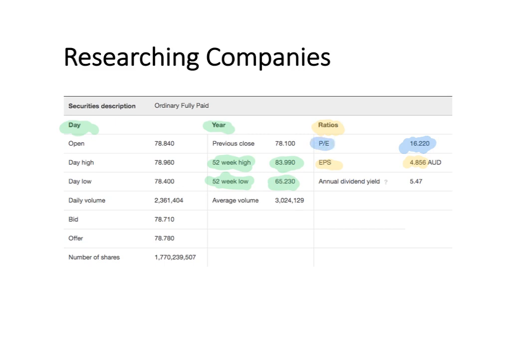So that effectively means it would take 16 years to earn the value of that share if the company earned $4.85 every year. So in 16 years' time, you would have earned the value of what you're currently paying for that share. And it also gives you the annual dividend yield of $5.47.